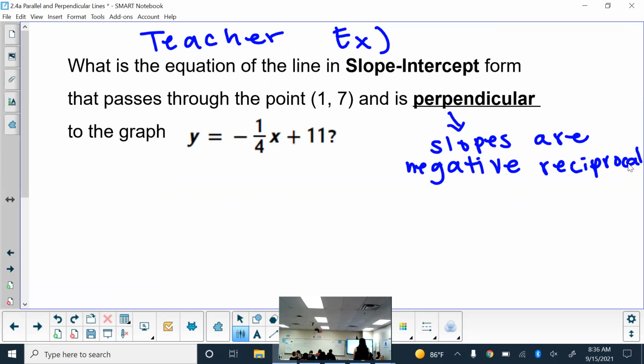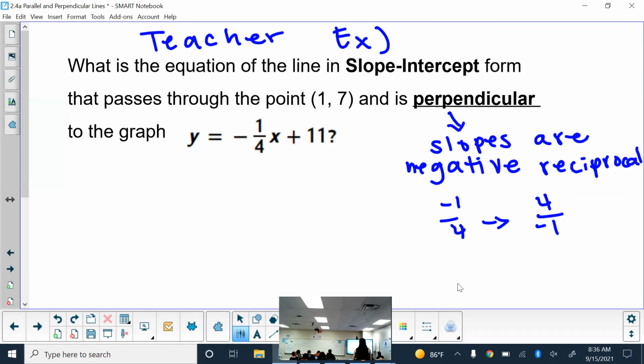So if you're like, what the heck is a negative reciprocal? Just think about it. Here's the original slope, -1/4. What is the reciprocal? Don't tell me the negative reciprocal. Just tell me what's the reciprocal of -1/4? 4/-1, right? That's the reciprocal. But these are negative reciprocals. So that negative really just means that whatever sign it was before is going to change.